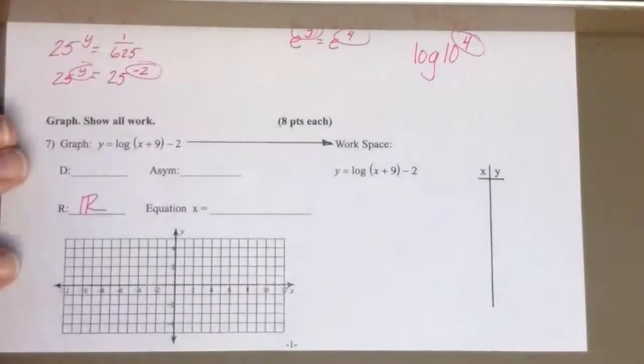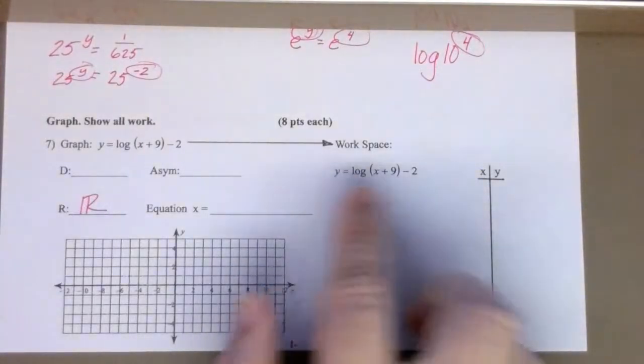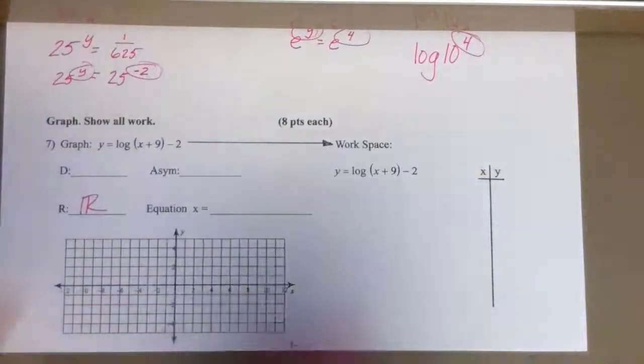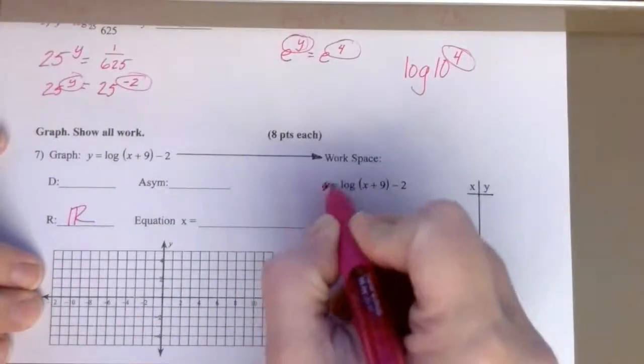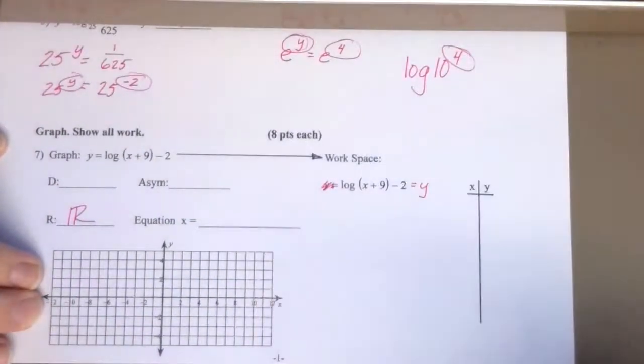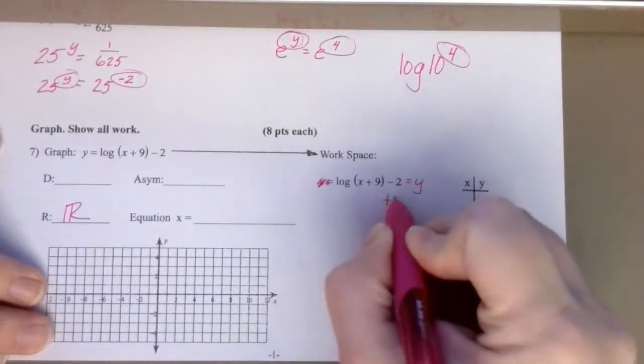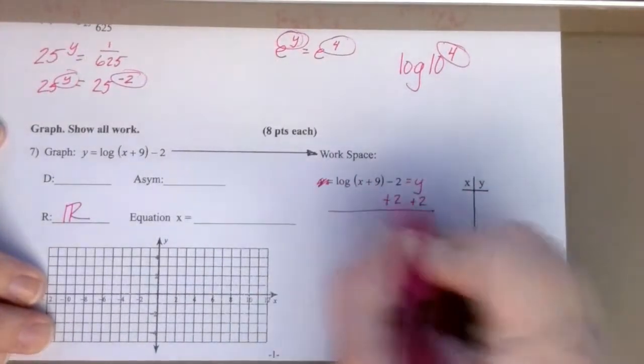All right. Next thing I'm going to do is I'm going to take a minute and I'm going to do my rearranging here because that's going to help me get the rest of the stuff, right? So I like moving the equals y over here just because I'm weird. What would I do first? Add 2 to both sides.